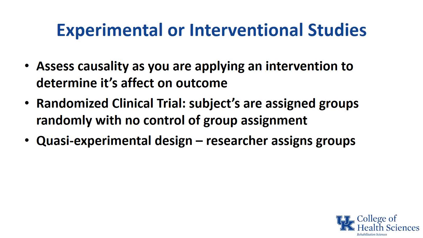And you, as the investigator or part of the investigative team, actually are assigning subjects randomly, keyword there, randomly, to one of two groups. So you don't have any control over that. A quasi-experimental design is where you say, okay, you can be in this group, and you can be in the other group.